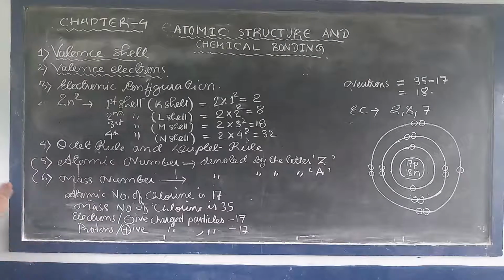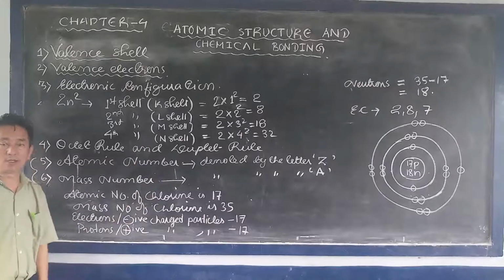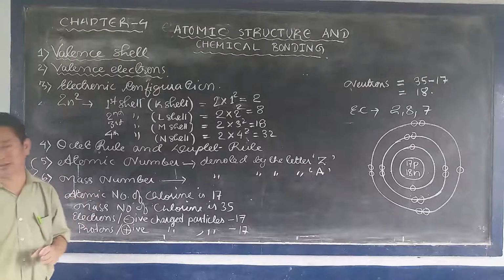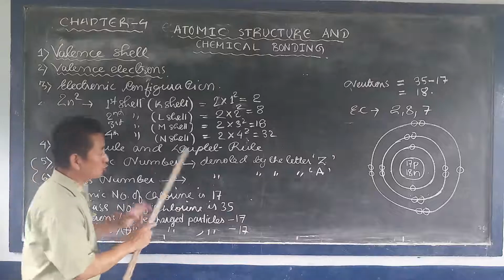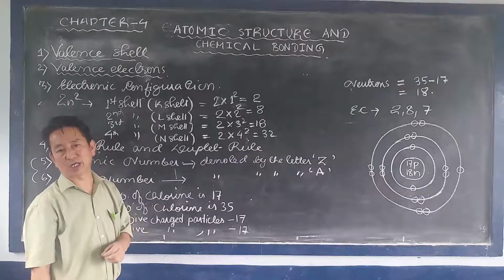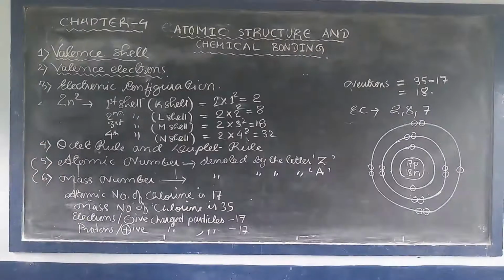Now here's the next, octet rule and duplet rule. If 8 electrons are required in the outermost shell to become stable, it is known as the octet rule. If 2 electrons are required in the outermost shell to become stable, it is known as the duplet rule. Now here number 5, atomic number.